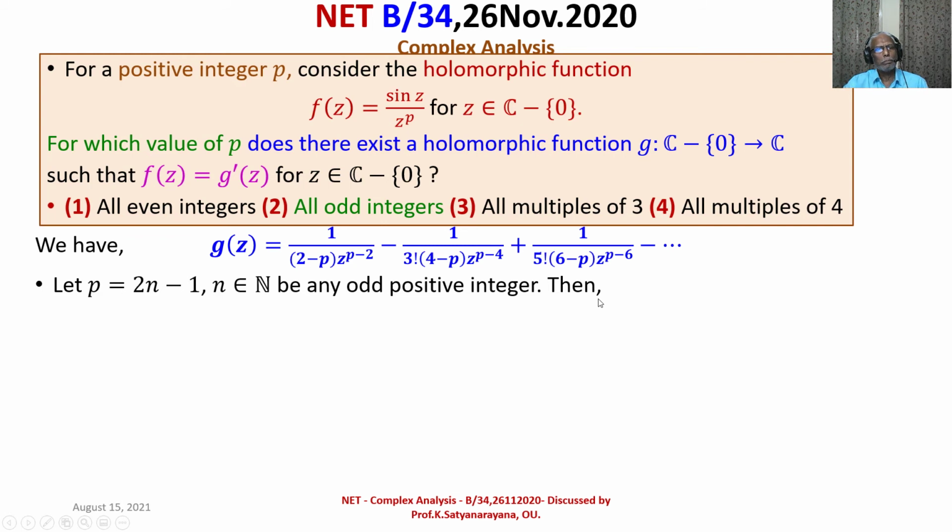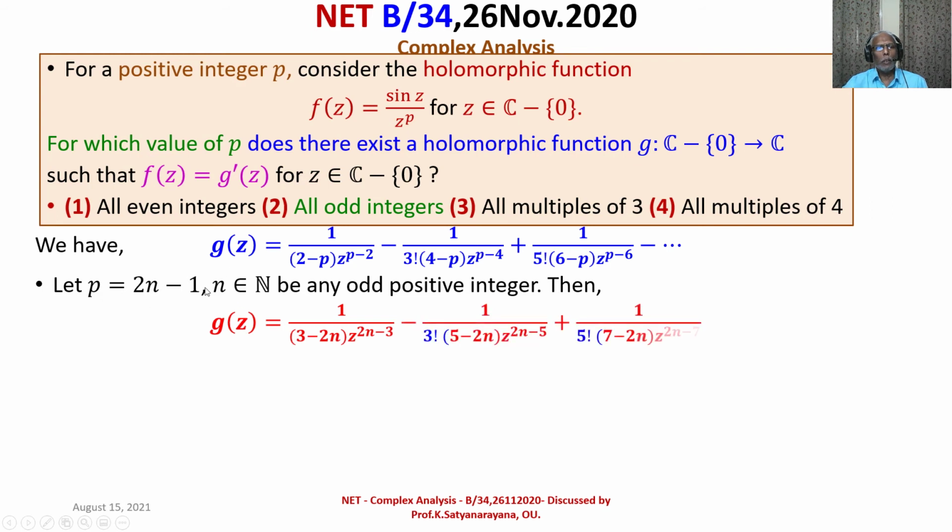Then g(z) will be equal to, with p as 2n-1, 2 minus (2n-1) will be 3-2n, 1/(3-2n) z^(2n-3). In a similar manner, minus 1/(3! (5-2n)) z^(2n-5) plus 1/(5! (7-2n)) z^(2n-7) minus so on and so forth.